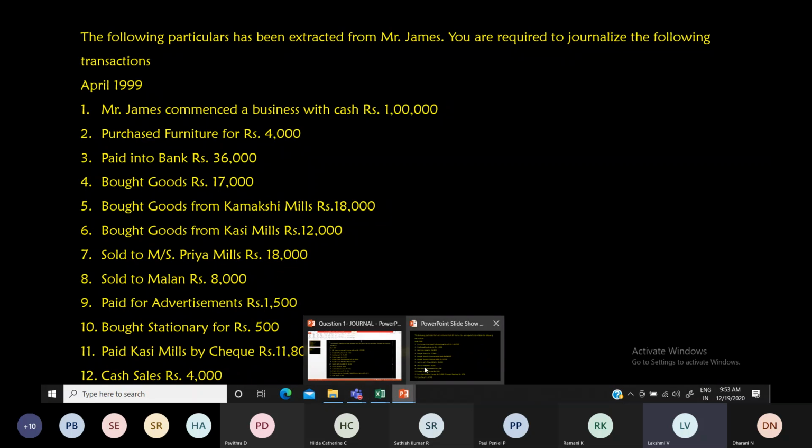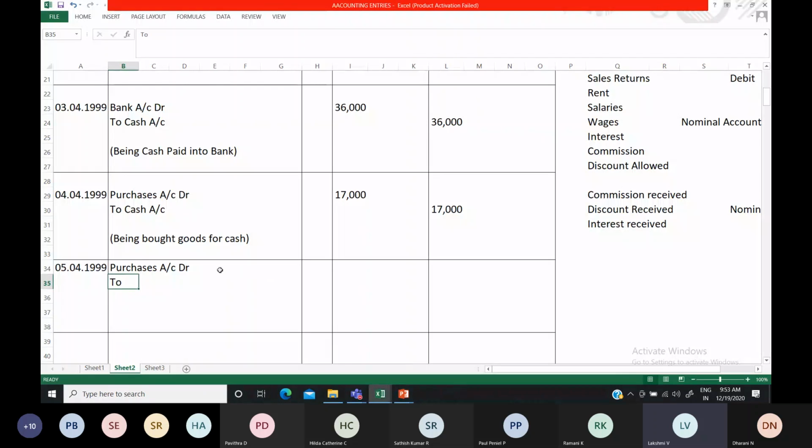So Kamakshi Mills you have to credit now. Kamakshi Mills has to be credited. You have to credit the Kamakshi Mills account.